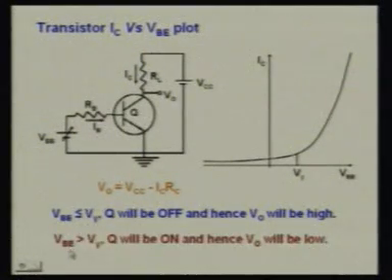And when VBE is greater than V gamma, this transistor Q will be on. There will be a huge current through the collector, and since IC is very high, VCC minus IC into RC will be very low, so output will be low.